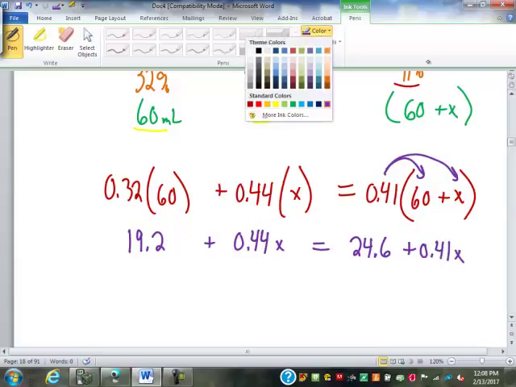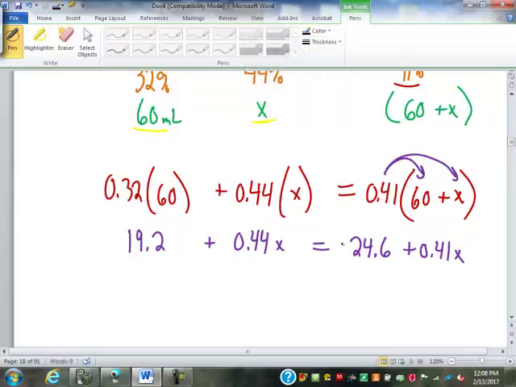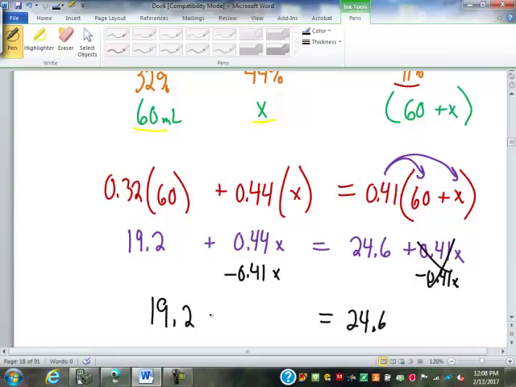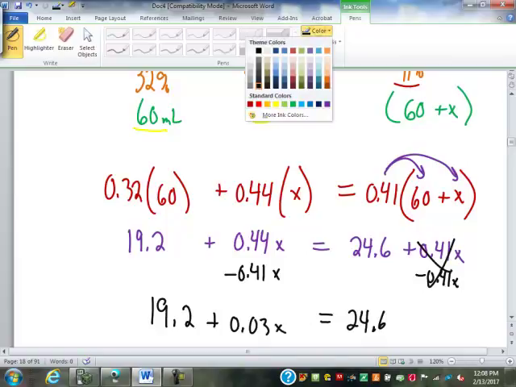So now we're going to go about solving this equation. We have an X on each side, so I'm going to get rid of the smaller one. I'm going to subtract the 0.41X. So it's gone over here. On the right side, all that's left is the 24.6. On the left side, we've still got the 19.2. And 0.44X minus 0.41X is 0.03X. What is our next step?